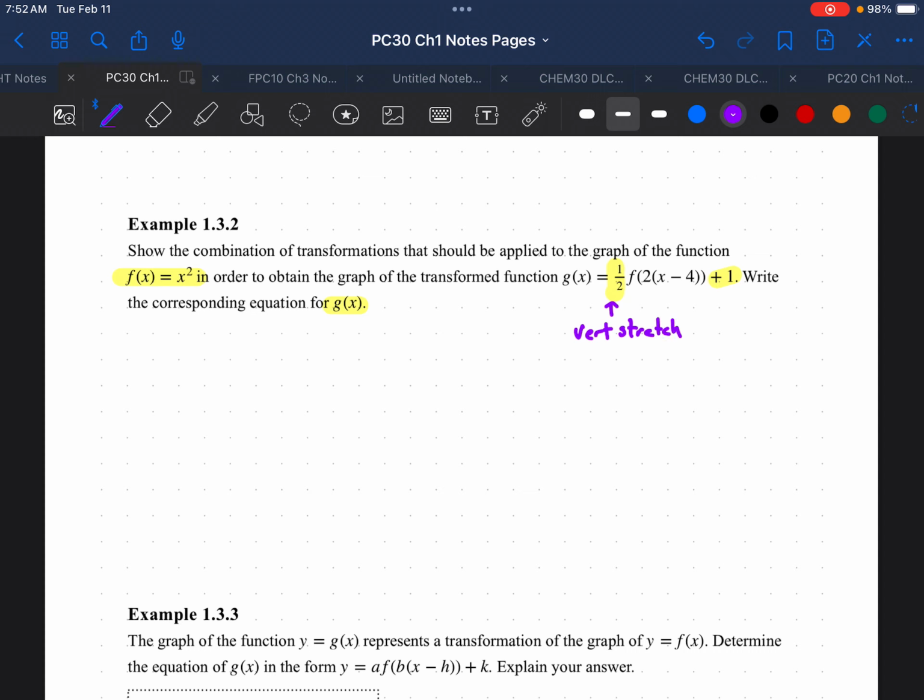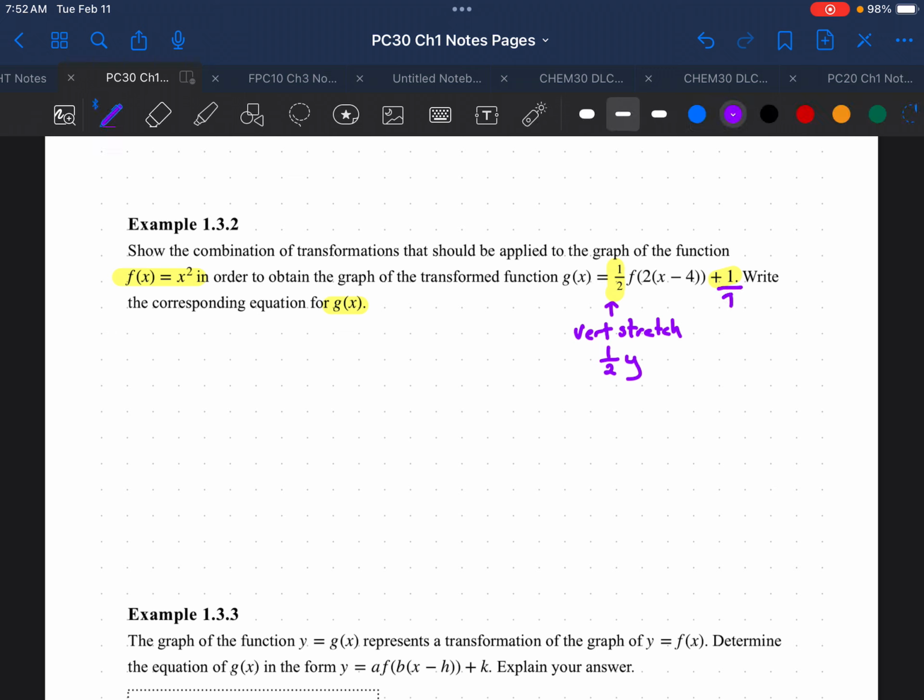So we're going to take our y value and we're going to times it by that. Remember with the vertical stretches, because they're on this side of the equation, away from our y, we do what they say. It's 1/2 times this. So we multiply y by 1/2.